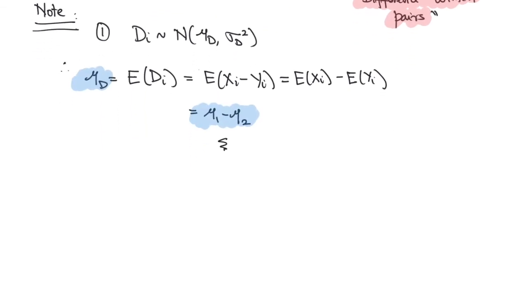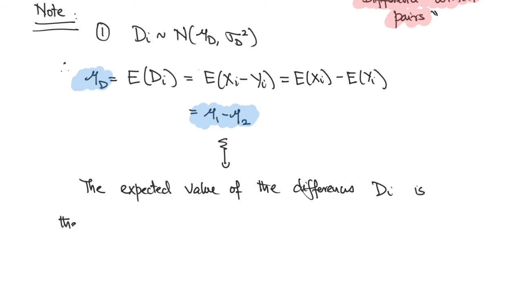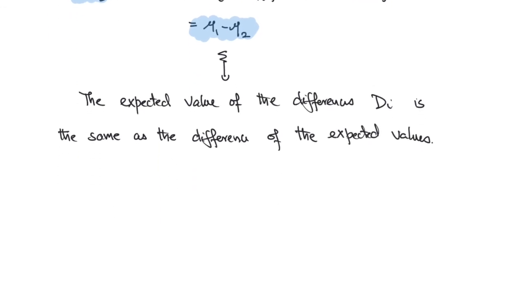This tells us that the expected value of the differences di is the same as the difference of the expected values of the random variables xi, yi. That is to say that the expected value of the random variable d is the same as the expected value of the random variable x bar minus y bar.